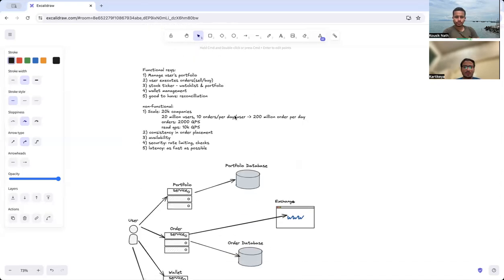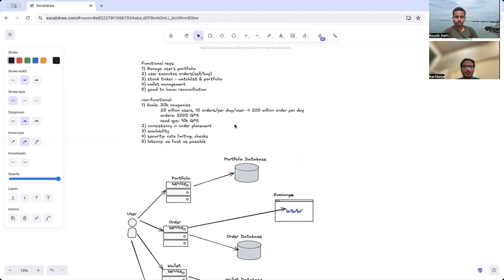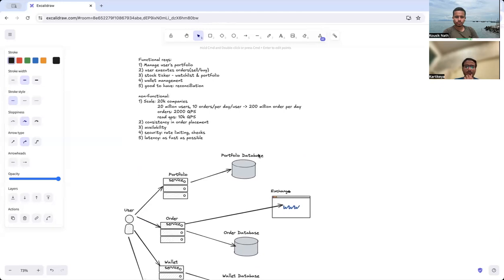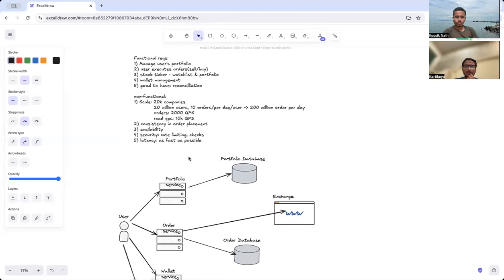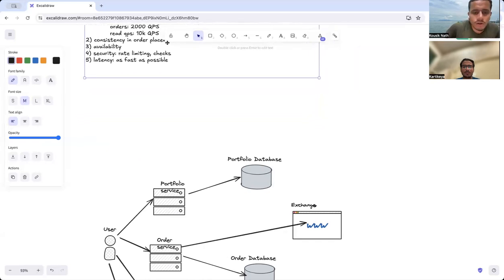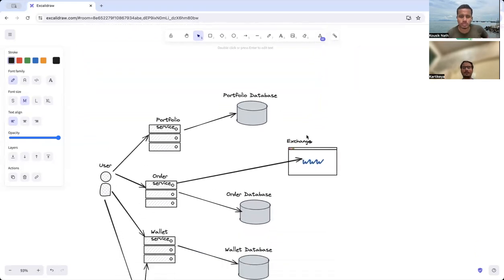So we still haven't talked about the stock picker, watch list, and portfolio. So portfolio we have maintained here. We will also need one more service. Yeah, I think a watch list can be maintained in the portfolio service itself.